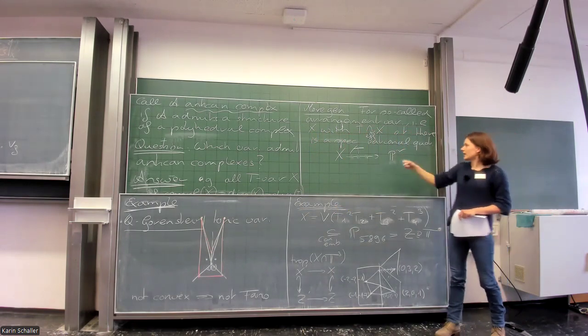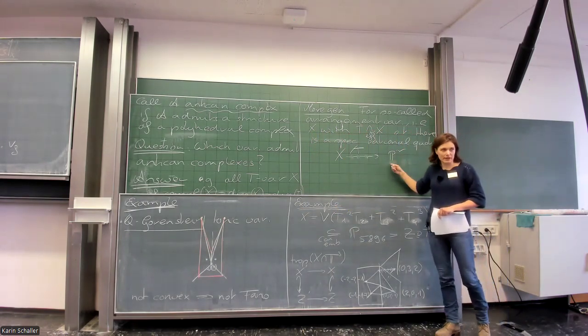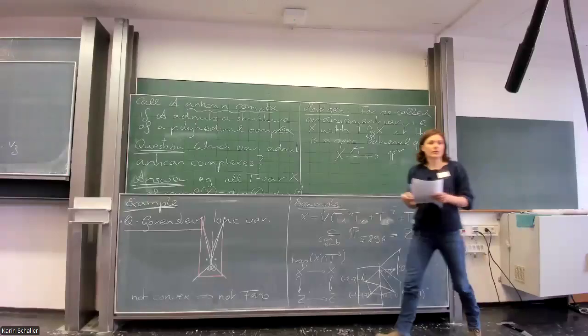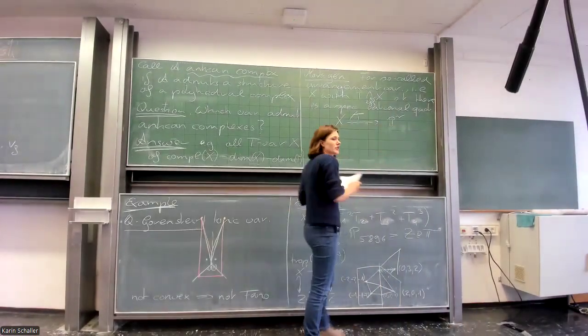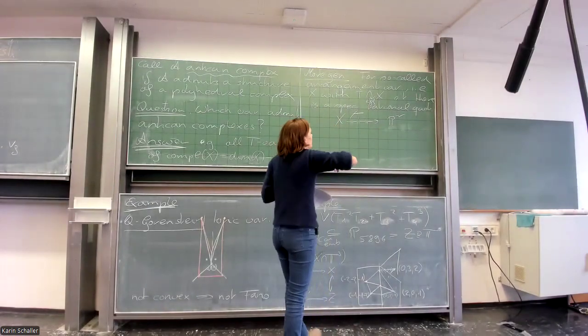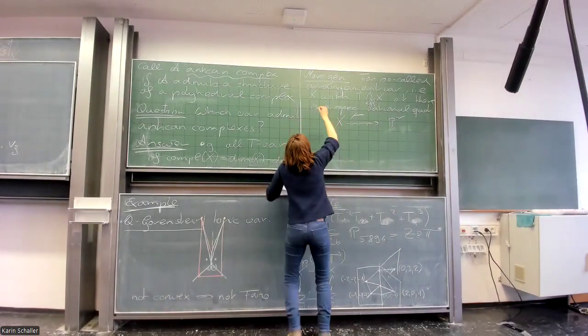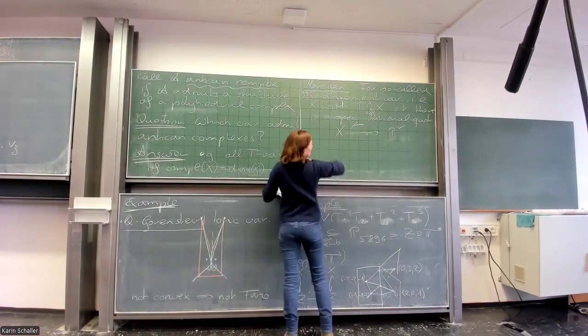So in the complexity 1 case, this is actually always P1. And then I can look at the critical locus of this rational quotient and this forms the hyperplane arrangement in general position here. This is why they are called general arrangement varieties.